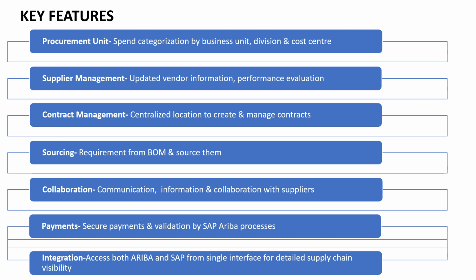Then next feature is payments. It secures payments by entering bank information, which is verified by another user and validated by SAP Ariba processes. And the last feature is integration. It can access both Ariba and SAP from a single interface to improve accuracy, speed up processing, and gain visibility into the supply chain. These are all the features of SAP Ariba.